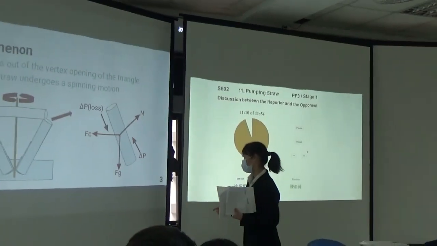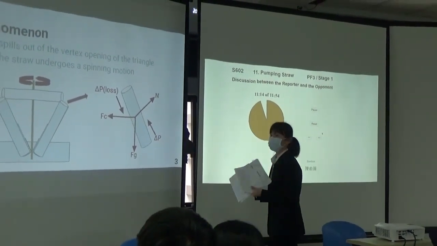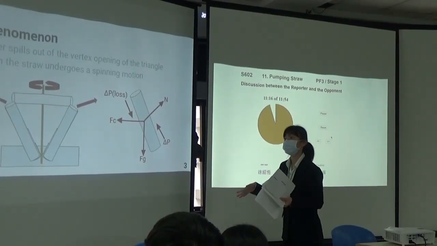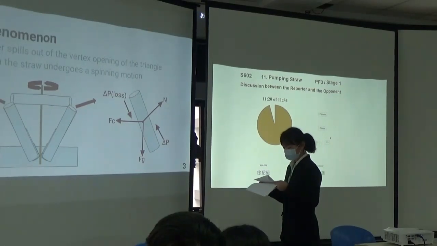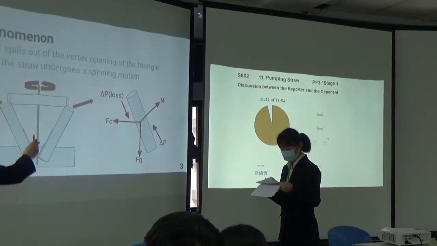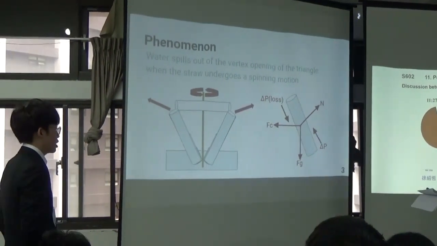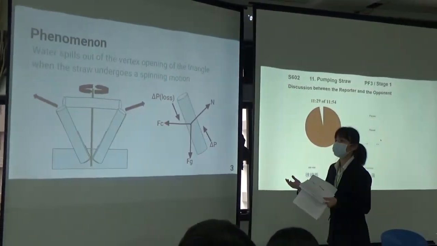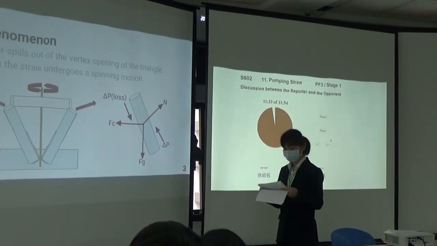Okay, and what angle will be considered with your straw angle? Yeah, as shown in our formulas, I believe we already stated that FC will be FC sine theta and FG will be FG cosine theta. Okay, and can you turn to experiment 3? Experiment 3? Yeah.